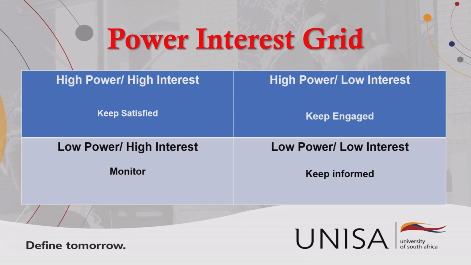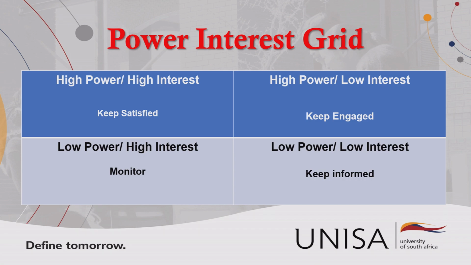There will be some stakeholders who have very high power and very high interest in the work that you do, right? So that's one grid. Then you have other stakeholders who have very high power, but may not be interested in the work that you do, at least not on an operational basis.